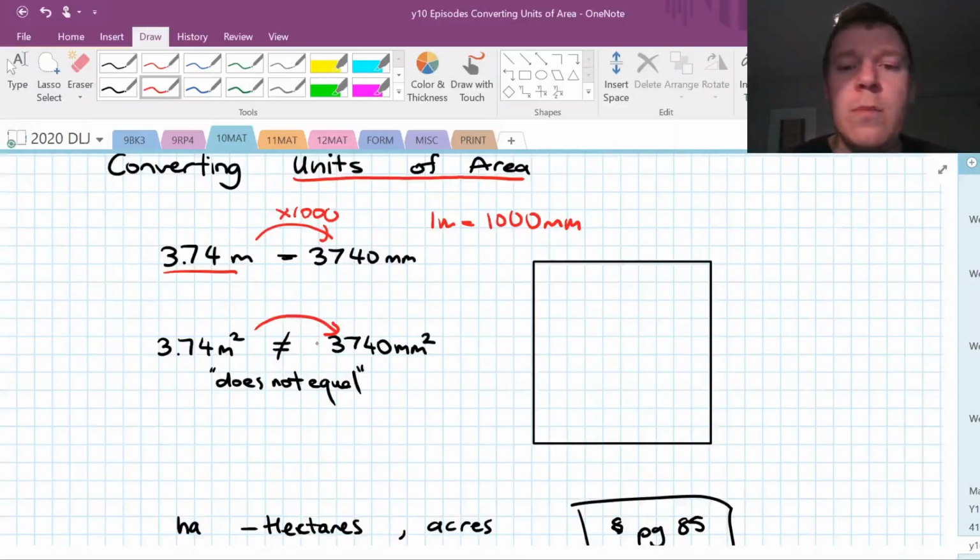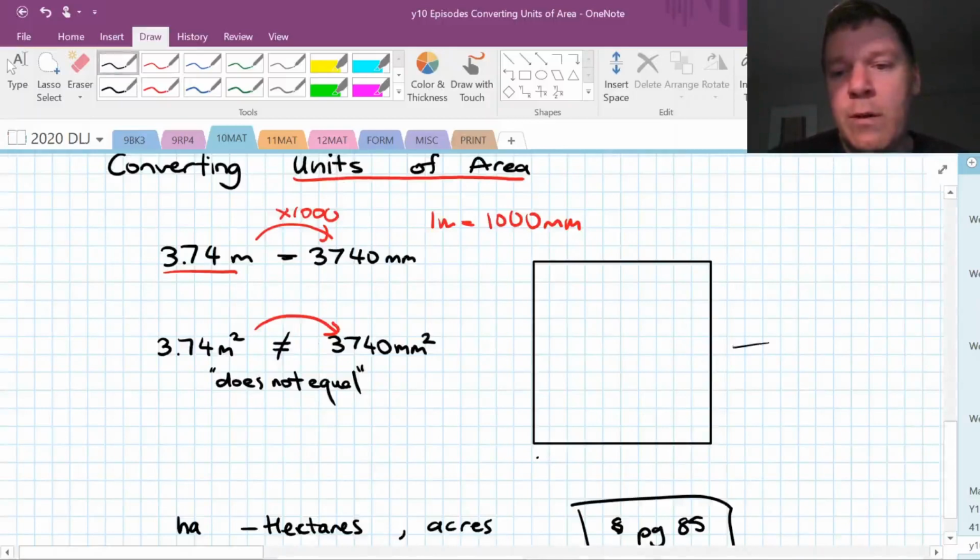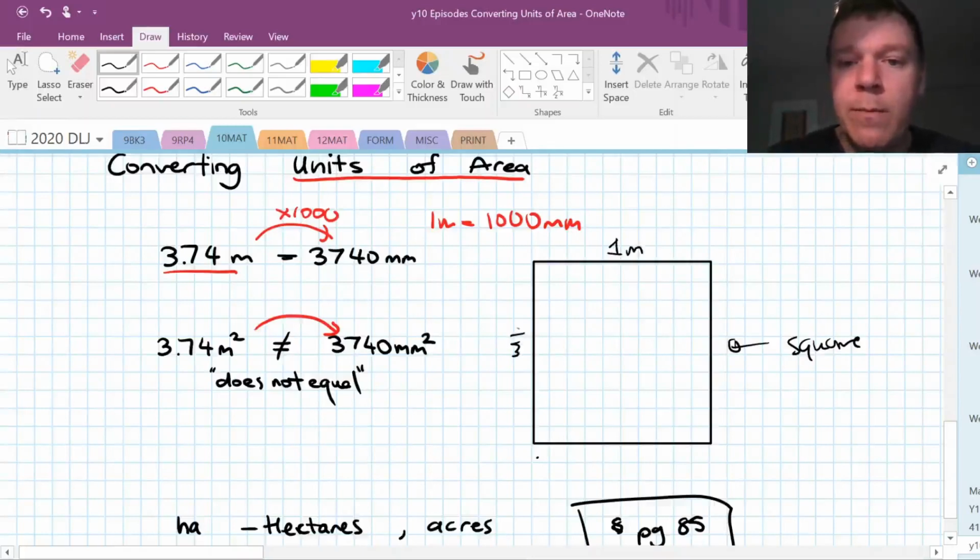So over here, I've got a square. If it was 1 meter squared, it would be 1 meter by 1 meter.